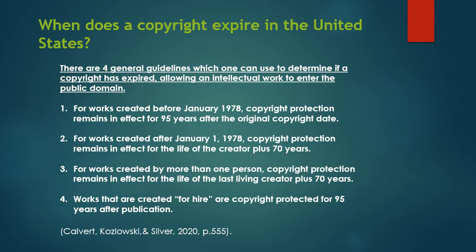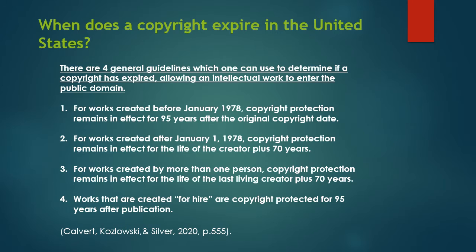There are four general guidelines which one can use to determine if a copyright has expired. For works created before January 1978, copyright protection remains in effect for 95 years after the original copyright date. For works created after January 1st, 1978, this protection remains in effect for the life of the creator plus 70 years.